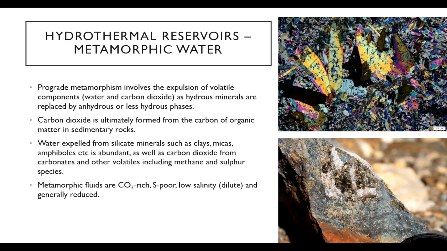They're sulfur poor, low salinity, there's not many salts down there, and they're generally reduced. The main source of metamorphic fluids is sedimentary rocks, and they're commonly graphite bearing. So that helps to influence its redox state, so it keeps them fairly reduced.